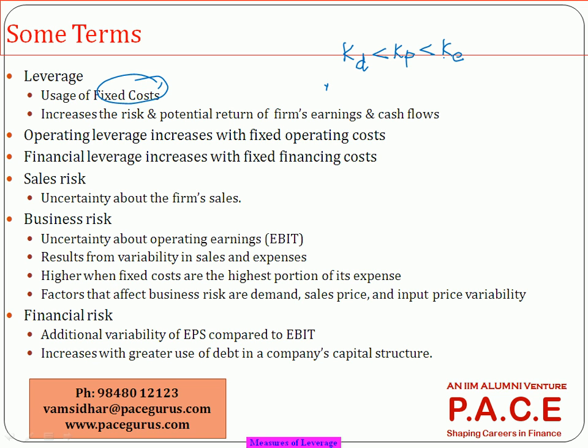The same way, if I had taken a building on rent, and if I had manufactured a big volume, if my revenues were very high, the per unit cost associated with that building rental is a very small value compared to if my revenues were much lesser, when the per unit cost of the building rental looks much heavier. So basically there is an advantage associated with the fixed cost, and there is a disadvantage also associated with the fixed cost.